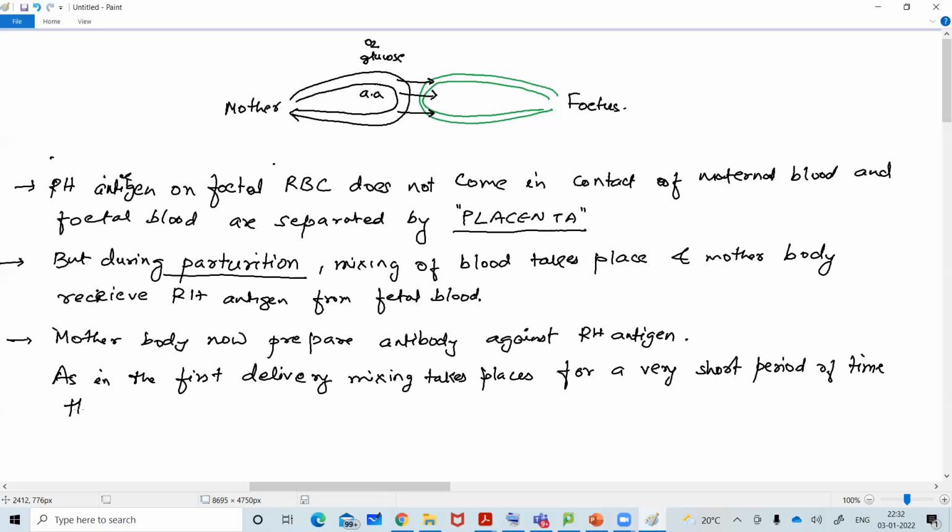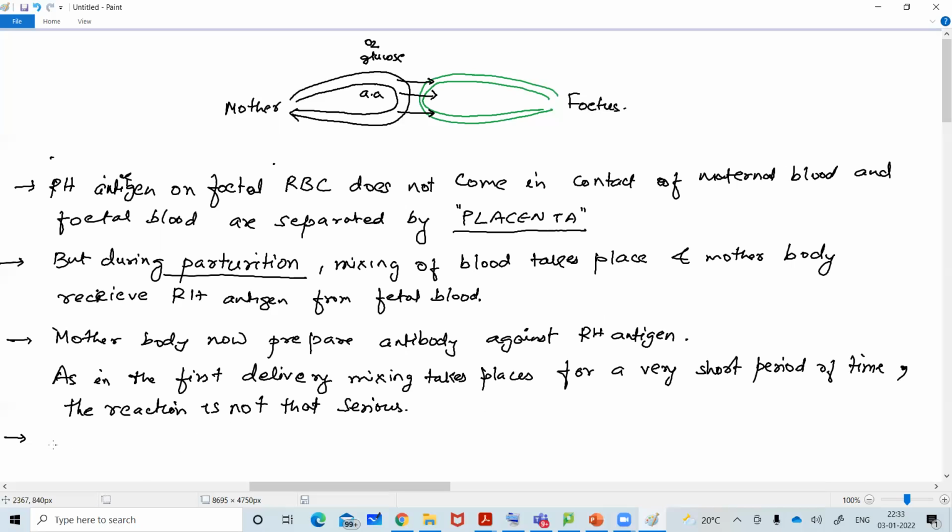So you can say that the reaction is not that serious. So the first child has no problem. The problem is in the subsequent child. In subsequent pregnancies, Rh antibody from the mother's blood goes to the fetus and destroys it, because antibody is now being prepared in the female body.